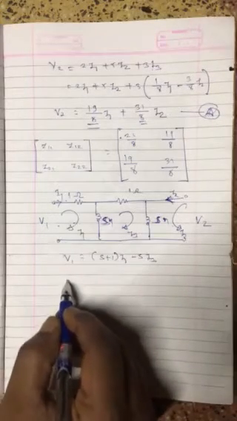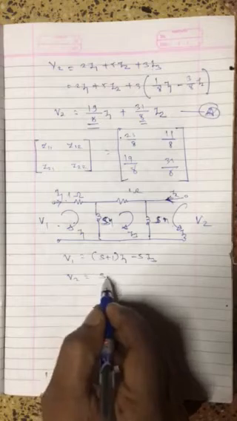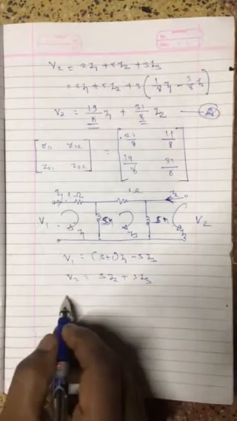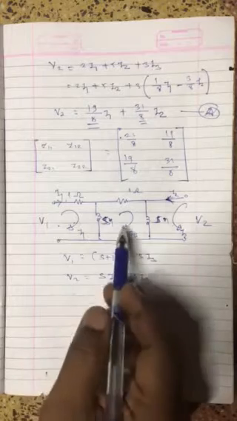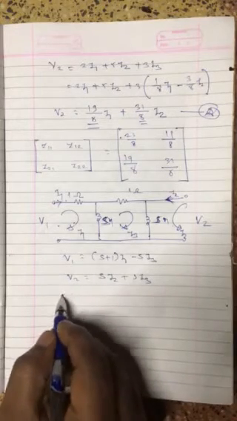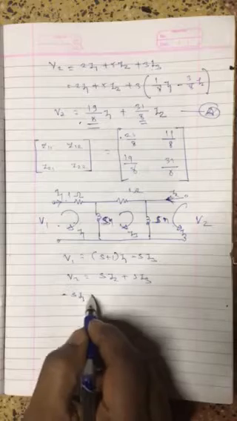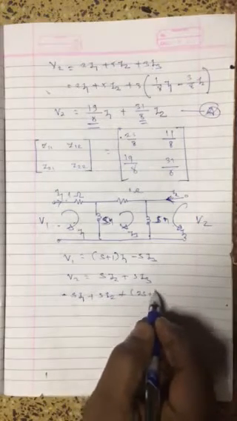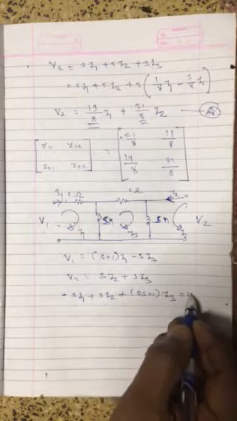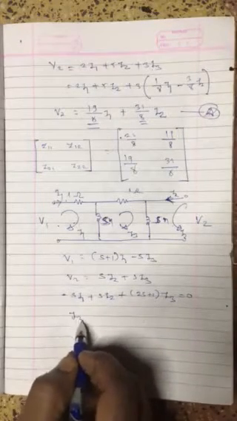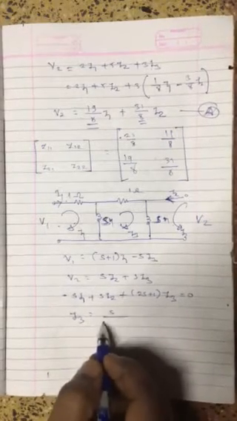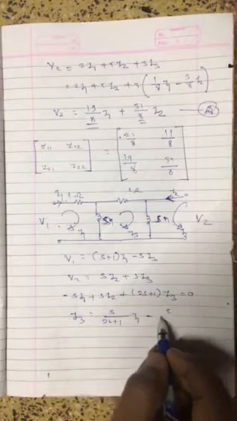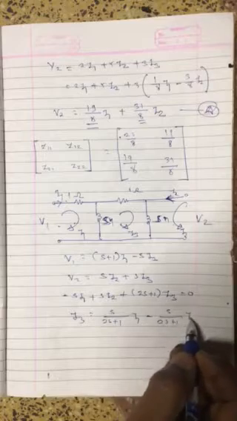Then V2 equal to S I2 plus S I3, and the third loop equation will be minus S I1 plus S I2 plus (2S plus 1) I3 equal to 0. From this, I3 is equal to S upon (2S plus 1) I1 minus S upon (2S plus 1) I2.